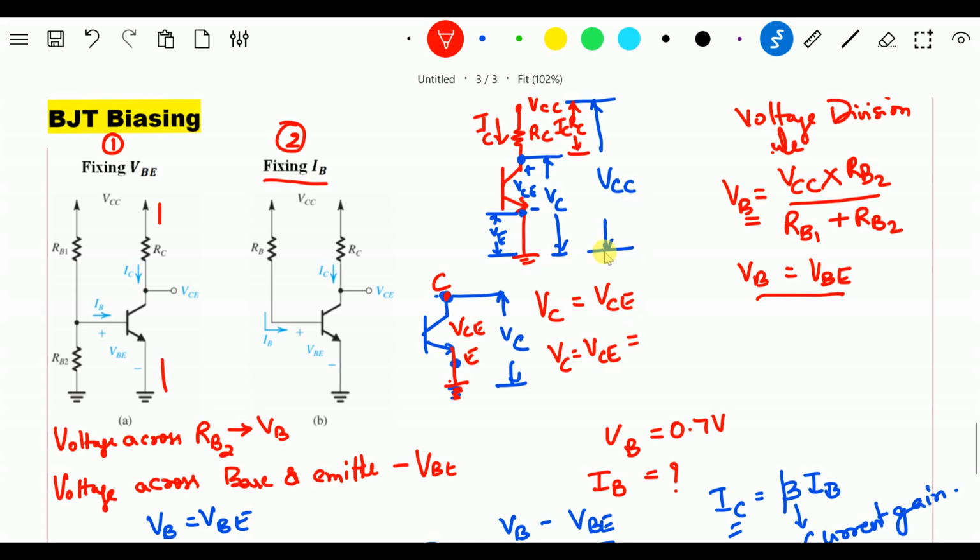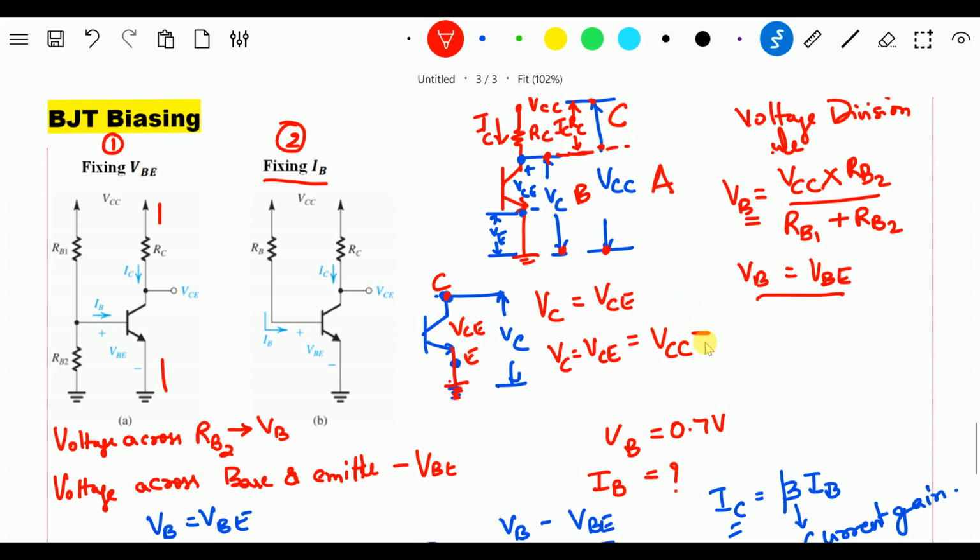the total voltage, which is your VCC, minus the drop across RC. Say the total voltage is A, the voltage across the first part is B, and across the second part is C. Can I say my B equals total voltage A minus C?